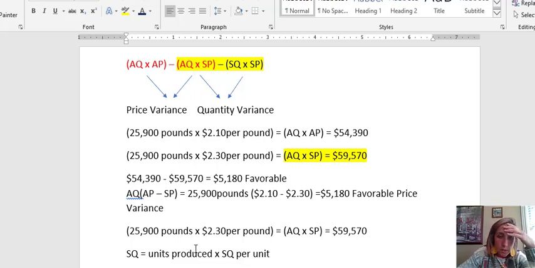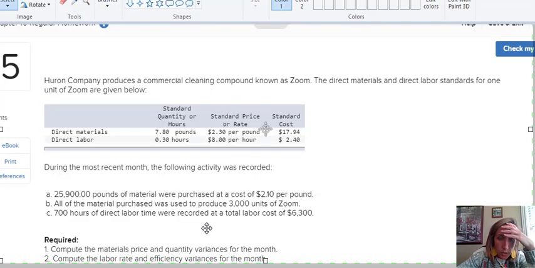That is going to be the most difficult part for a lot of you. The units produced on this problem, part B, is given as 3,000. 3,000 units were produced. Each of those should have had 7.8 pounds of direct materials put into them.